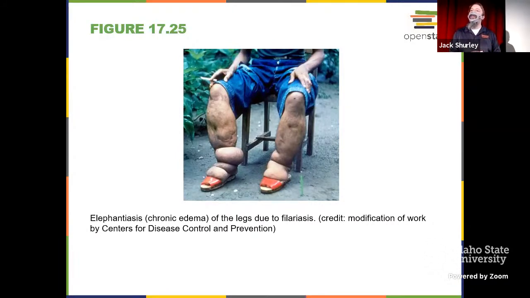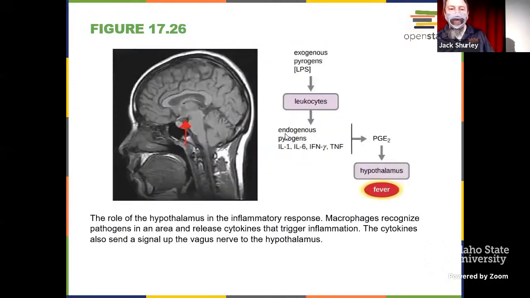But as the channels get blocked, the fluid can't be removed and it accumulates. So you can see all sorts of issues with this. Typically legs, sometimes arms are impacted as well. It kind of depends on the specific type of worm. It is a type of roundworm or nematode that causes filariasis.